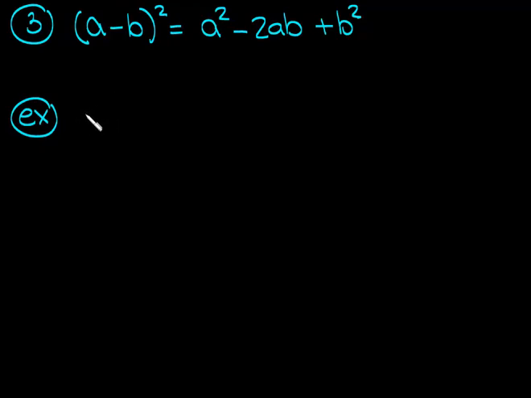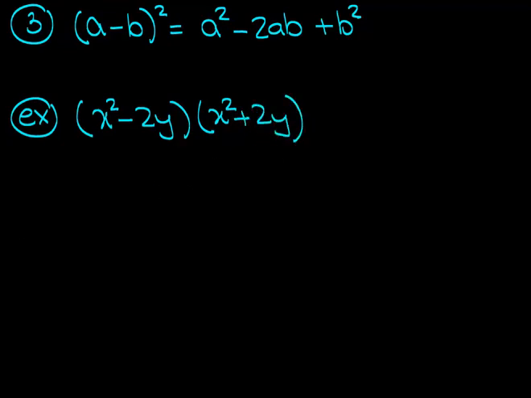appetite started. So let's say if we have x squared minus 2y and I have x squared plus 2y. I'm multiplying 2 polynomials. They have 2 terms. They're exactly identical except for the sign in the middle. So that tells me that these are conjugates.